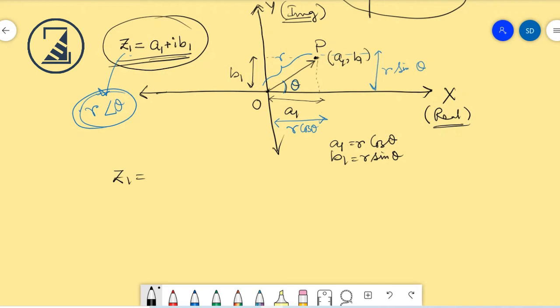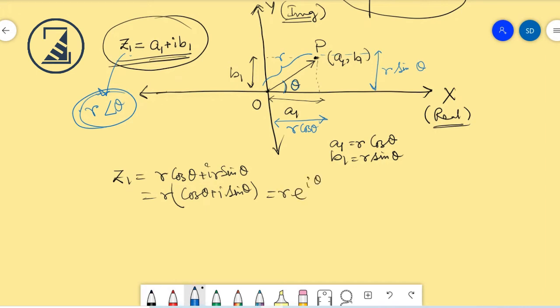Now this z1 can be written as r cos theta plus i r sin theta. If you take r common, this is r times cos theta plus i sin theta, and this cos theta plus i sin theta is equal to e to the power i theta. So I have used cos theta plus i sin theta equals e to the power i theta. This is known as Euler's formula.